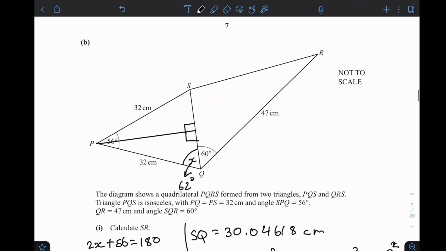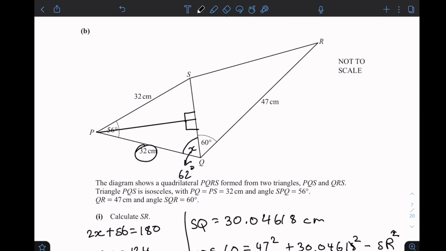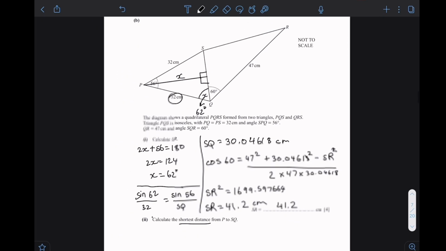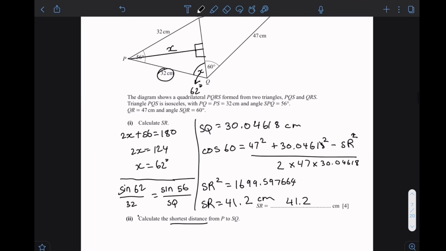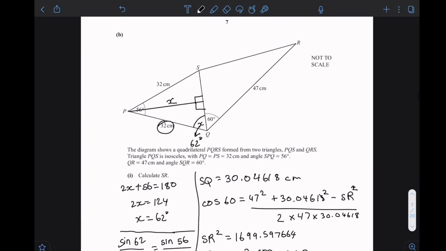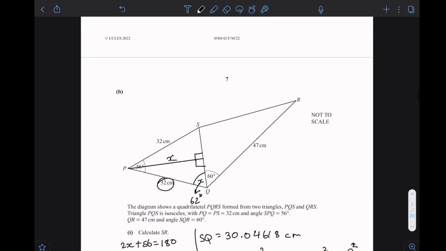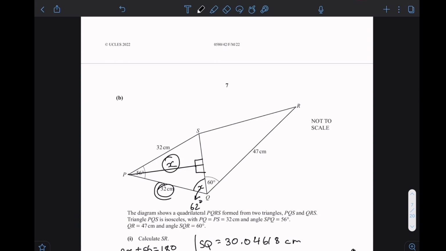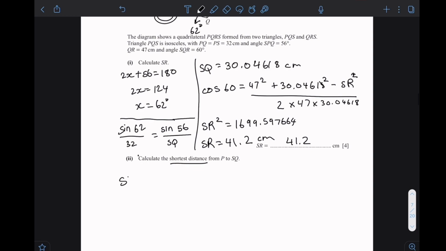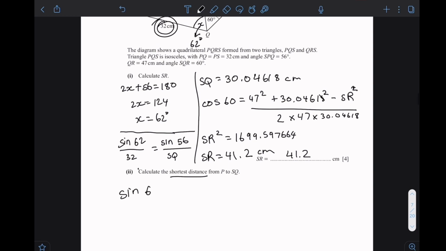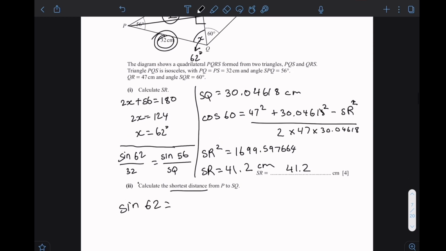And we know this is 32, and we need to find the value of this, okay? So what we do is we can use the ratios. In this case, it will be the sine ratio because we have been given the opposite and the hypotenuse, so we can use sine 62, which is equal to x divided by 32.